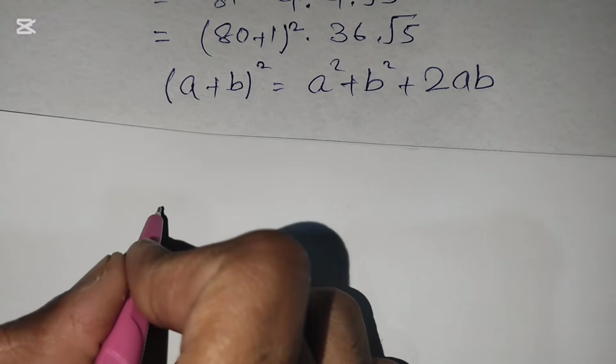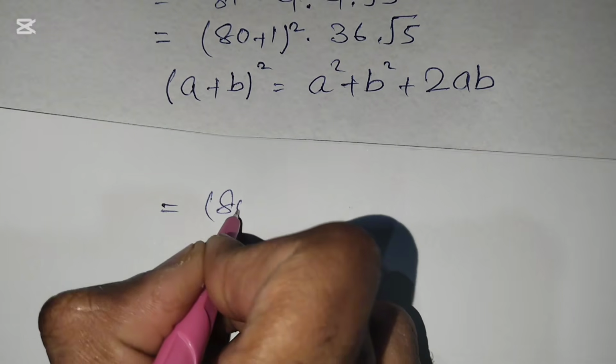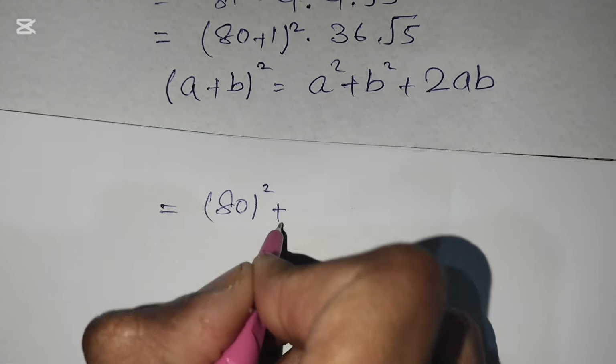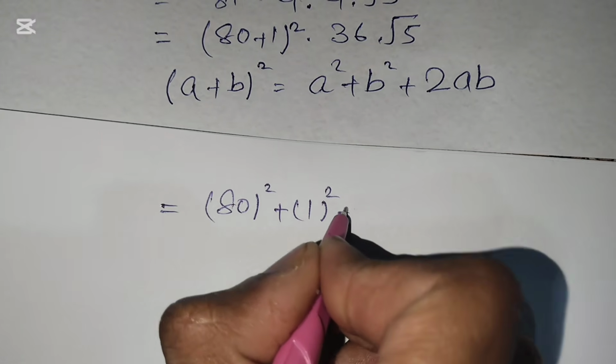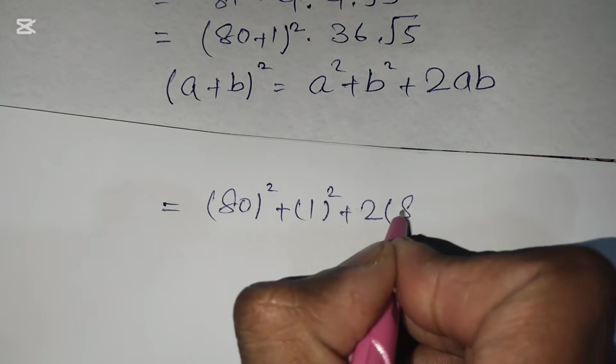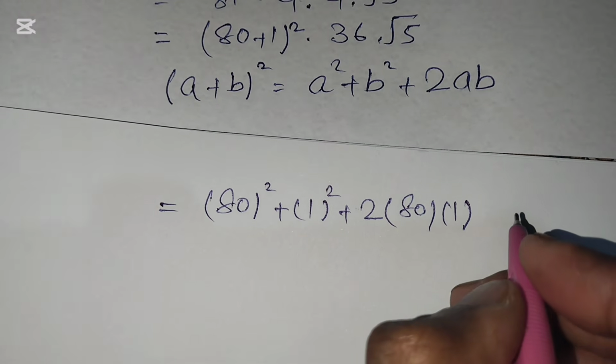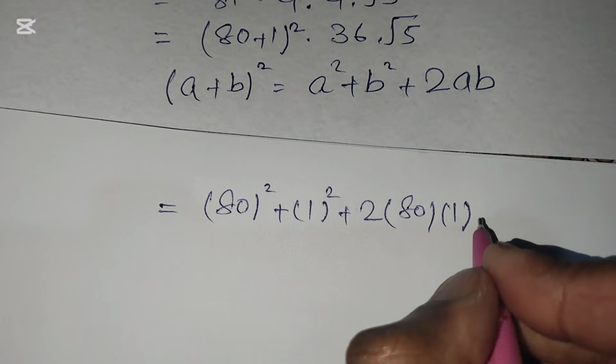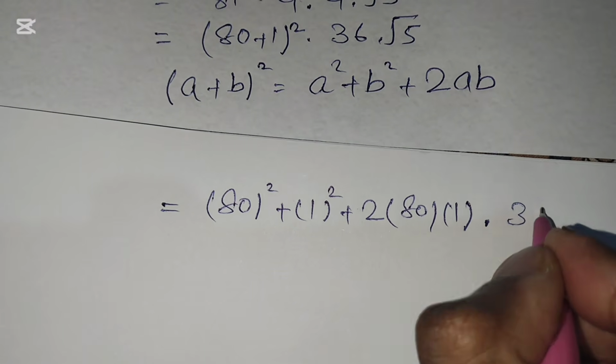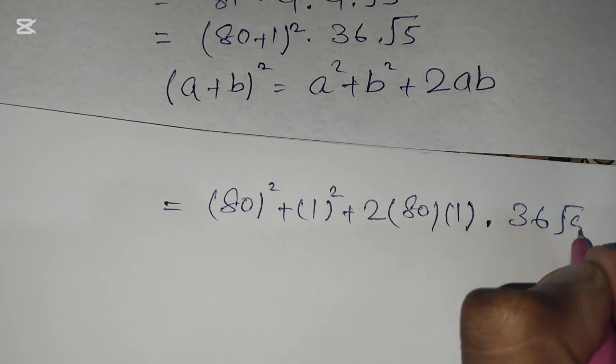Now it will become 80 square plus 1 square plus 2 into 80 into 1, times 36 times square root of 5.